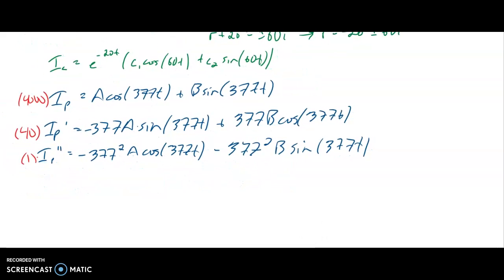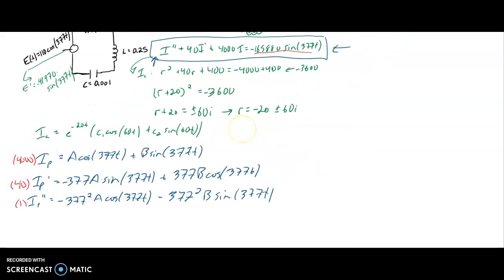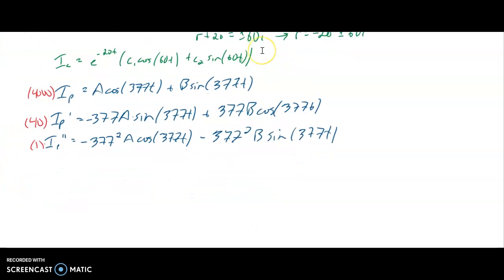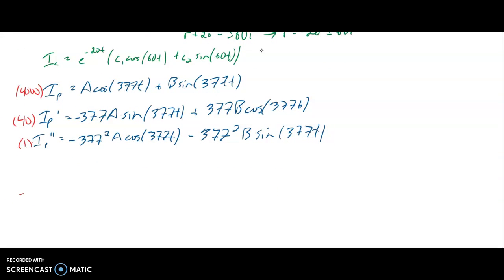All right, so I'm going to do it in the order in which it shows up in this blue equation. So I'm going to do I double prime first, then I prime, then this. So I get negative 377 a cosine, and all of these have the 377s in them. That's this term times 1, minus 377 squared b sine of, that's this term.